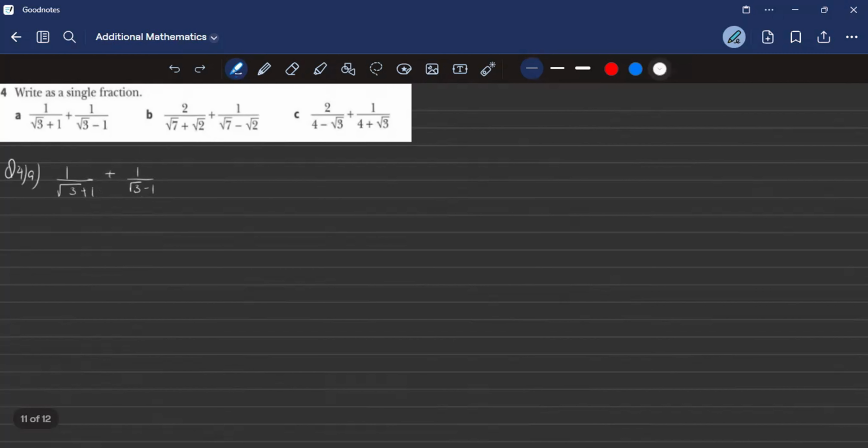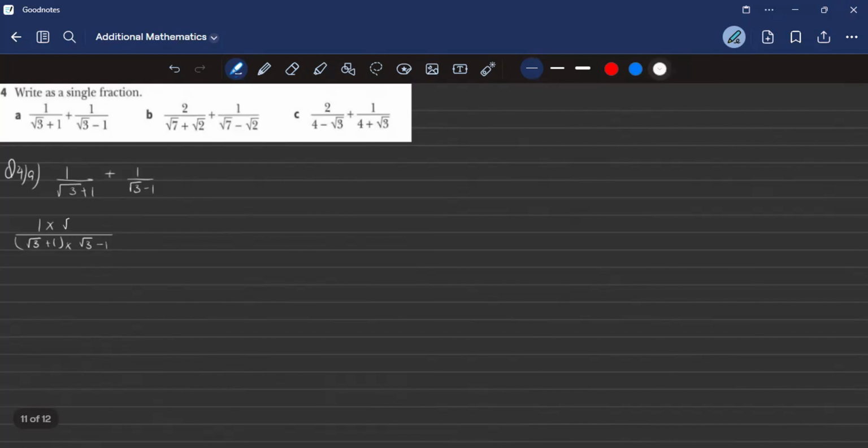So when we multiply 1 divided by under root 3 plus 1 multiplied by under root 3 minus 1, again, we have to multiply it by the numerator also, because if we only multiply by the denominator, it's going to make a different value out of our equation. So we multiply on both sides.